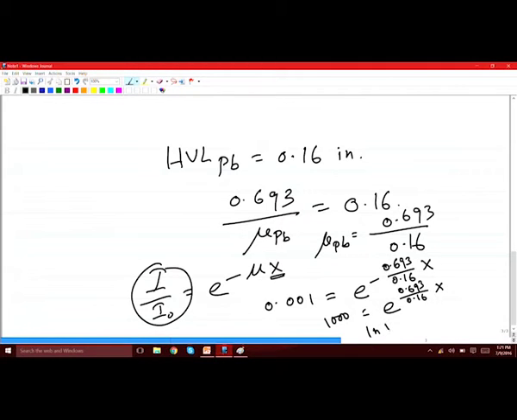And from here we can easily derive x. And if you calculate x from this, you will get a value of about 1.6 inches.